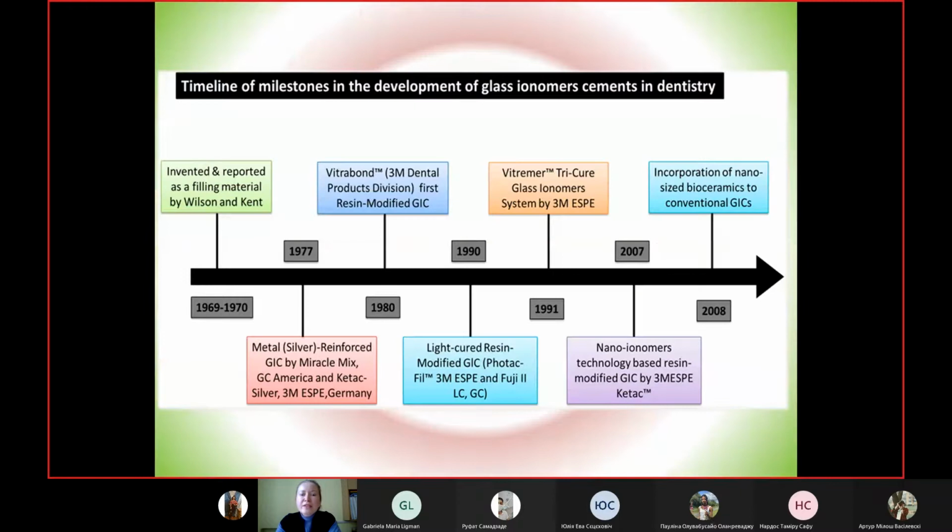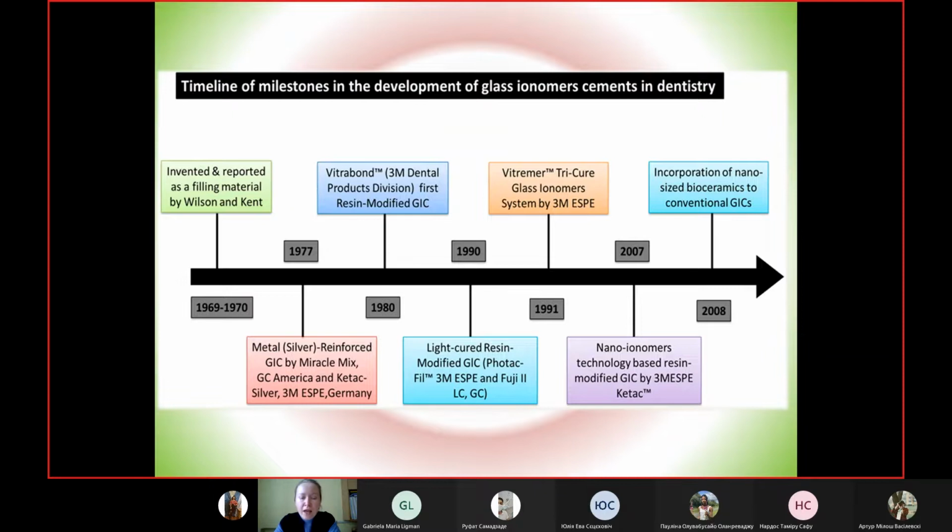On this diagram, you see the timeline of the development of glass ionomer cements, how everything started and how it is now. The first material was introduced in the 1970s by Wilson and Kent, and it was a traditional glass ionomer cement. They were mixed with water, and they had some disadvantages.